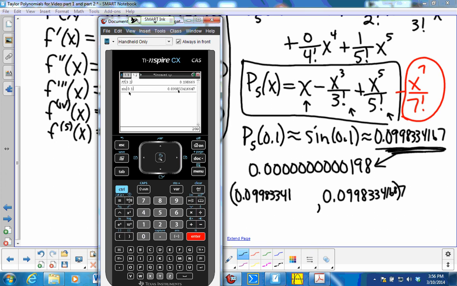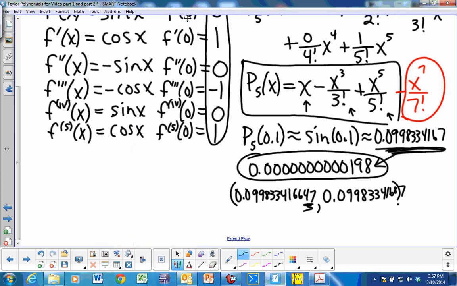This one was 146647, and this one was 87 on the end, and our actual answer ends up right in here. So this was a very, very good approximation. Plus, this is, again, the most we are off. The most we can be wrong is that many places. So it's a very good approximation. So that's why this can be very valuable.